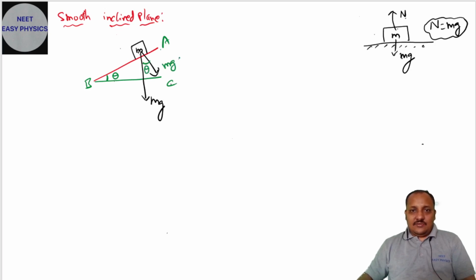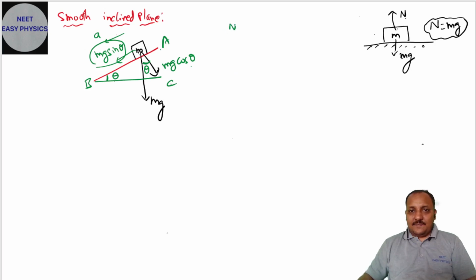Therefore, this component is mg cos theta, and in this direction the force is mg sin theta. The object is moving downwards with mg sin theta force, so it is accelerating downwards in this direction.